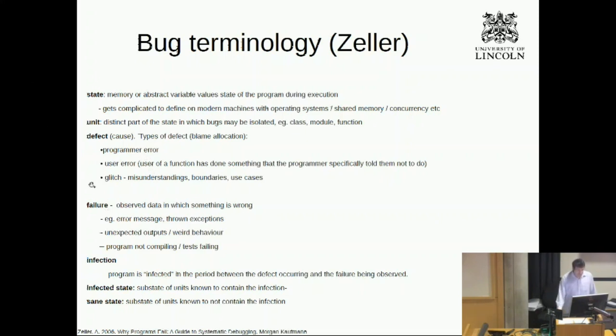And then probably the most common form of defect nowadays is what we call a glitch, which isn't really anyone's fault, it's just a general misunderstanding. Again, systems today are very complicated. They have to interact with lots of different people. If you have a class Cat that you've written that is supposed to represent cats, and your friend calls it assuming that all cats have 4 legs, but you decided that some cats only have 3 legs, or there has to be some special case, there's often just some misunderstanding.